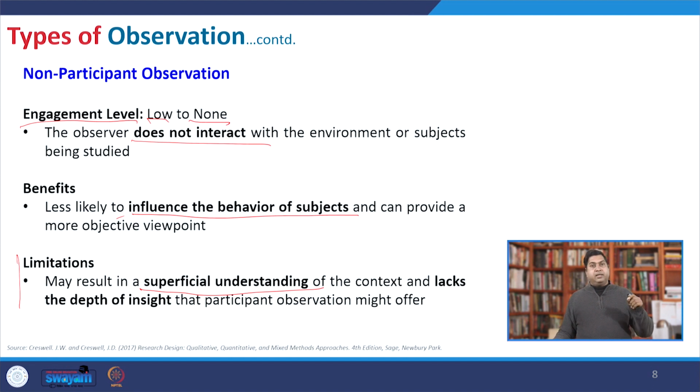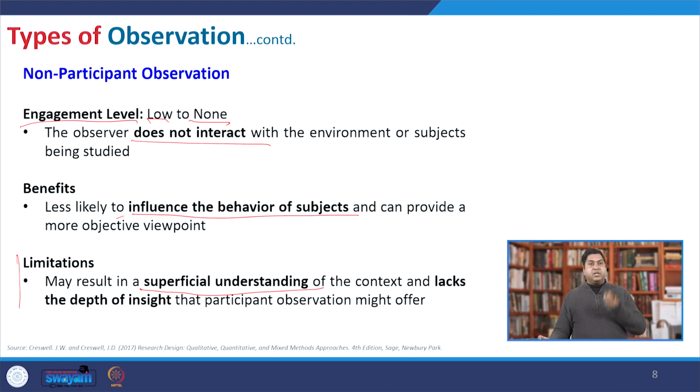And again in that case it is just about the observer's viewpoint, and this is very critical, because for observation the observer should have sound knowledge and should be neutral, so that he or she can capture the actual behavior.